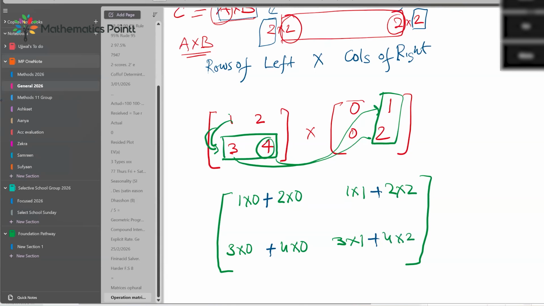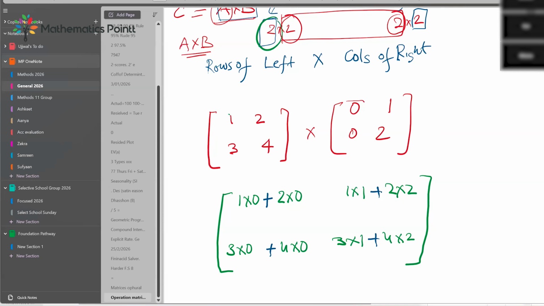And I now have reached the end of the columns of my right matrix. And I have also reached the end of the rows as well. And eventually my matrix multiplication is done. I told you at the start, this is going to be a 2 cross 2 matrix. And that's what we've got.